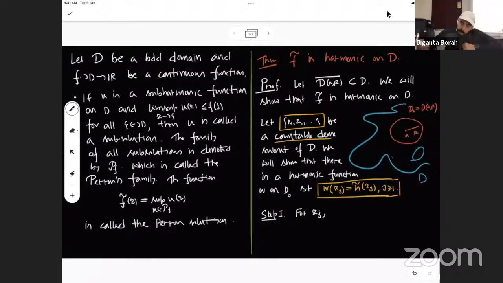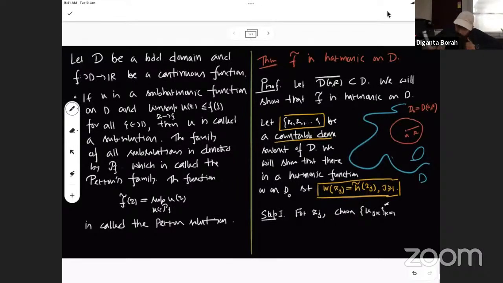So for each z_j, because it is defined by a supremum, I can find some sequence which converges to it. So for z_j, choose some sequence of functions U, which is going to depend on the point z_j, so I'm going to write U_{z_j,k}, where k goes from 1 to infinity.